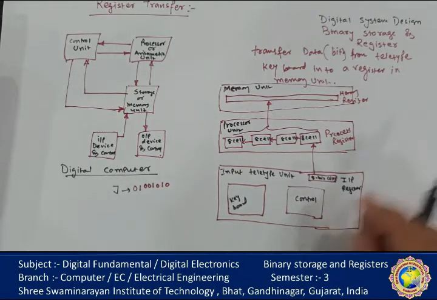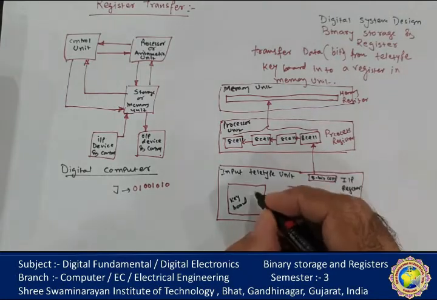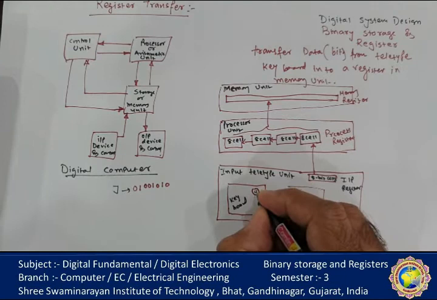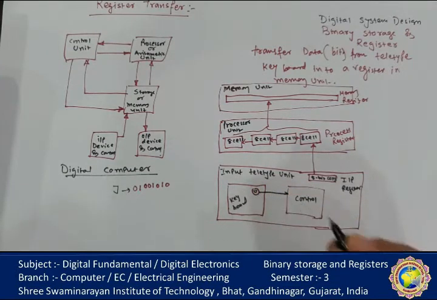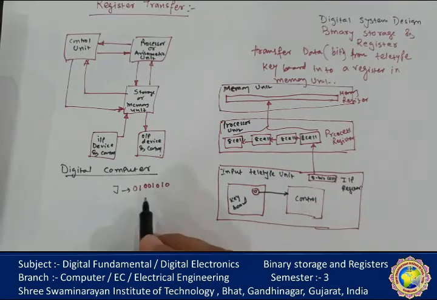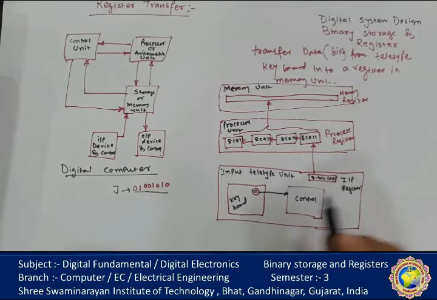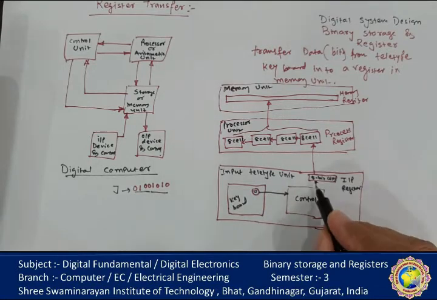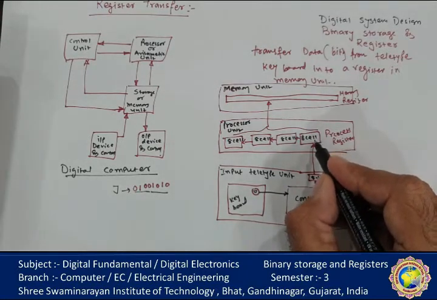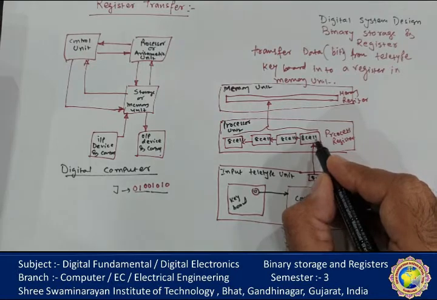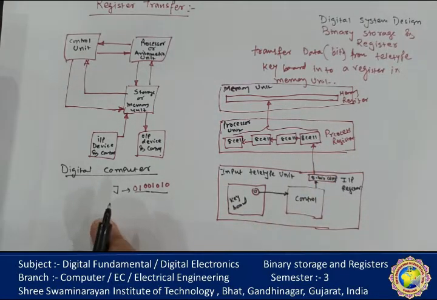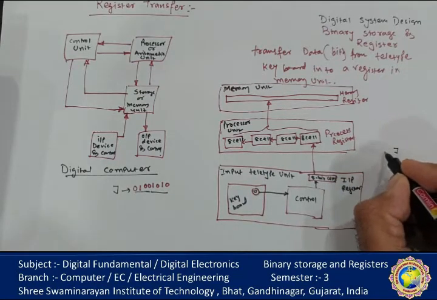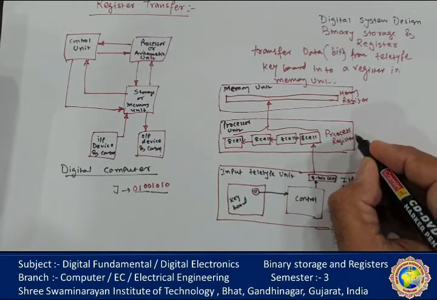When I press the key J, the control unit first converts this into 8-bit information. It is first stored in the input register and then in the processor register. So when I press the key J, the content is J and then blank, blank, blank in the processor register.